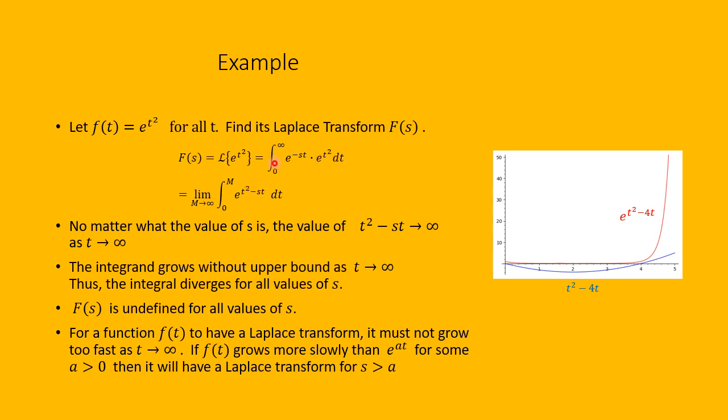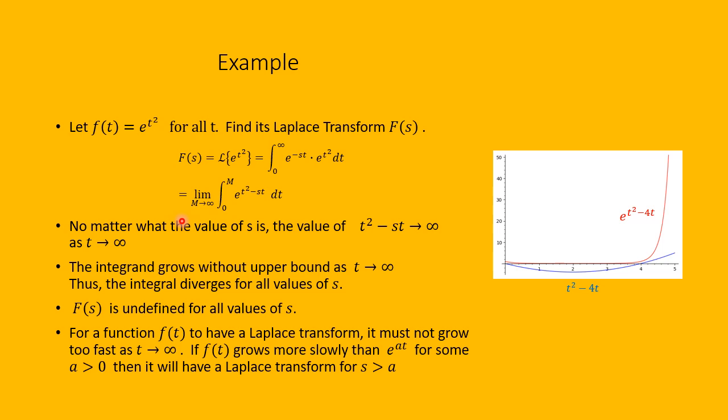Now, this is an improper integral, so we will change it to an integral going from 0 to M and take the limit of that as M goes to infinity. The product of these two exponentials is e to the t squared minus st, integrating that with respect to t going from 0 to M.